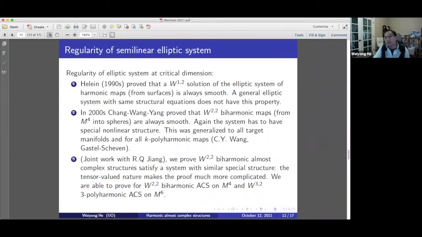In general, I believe that polyharmonic almost complex structures are certainly smooth in any dimension, but because of the technical difficulty that we do not find a nice way to say that these kinds of objects actually satisfy a very special structure.